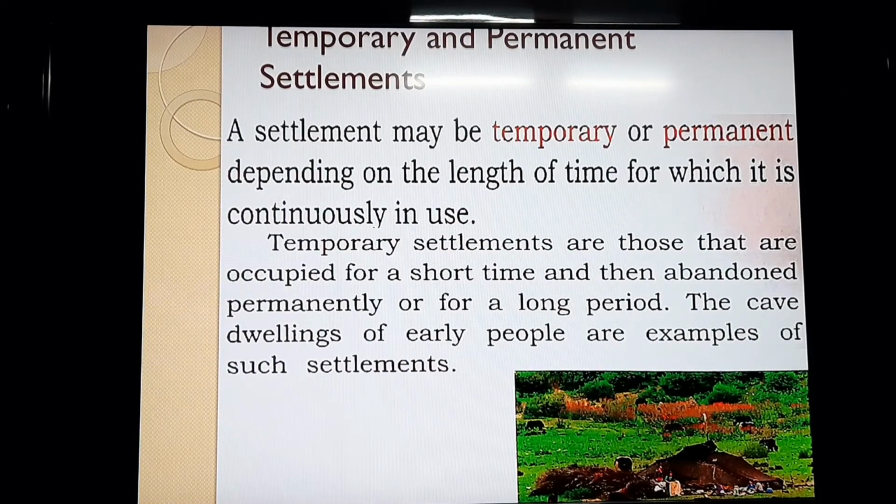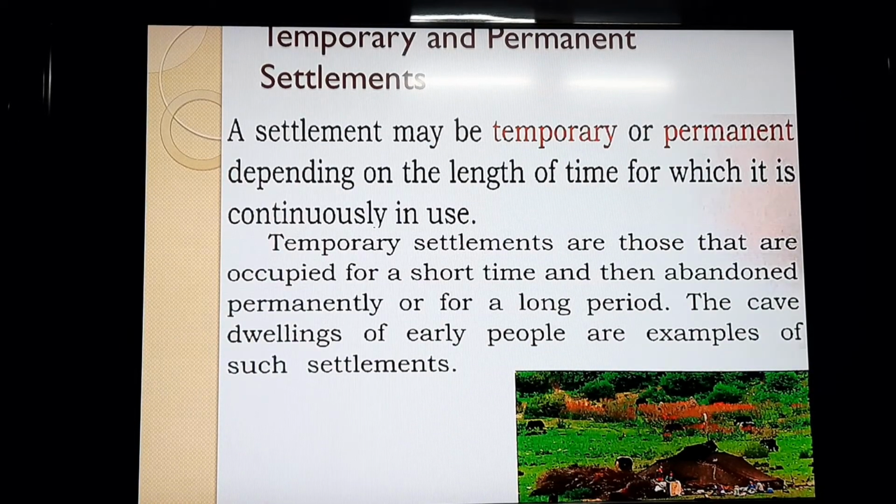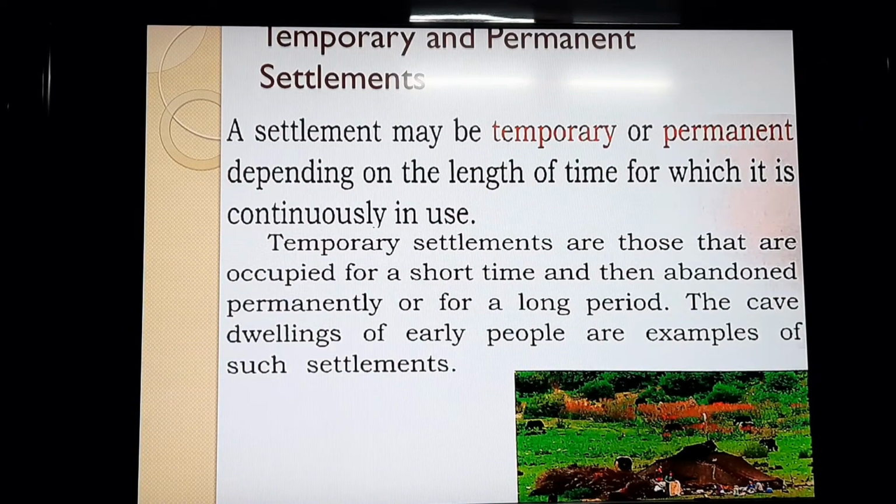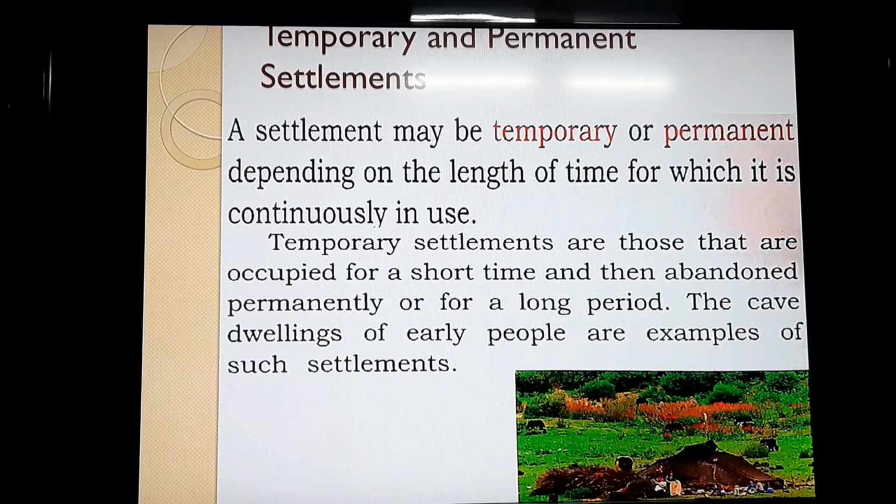Because they were hunter gatherers, they were not settled in one place; they roamed around. So they lived in a cave for a particular time, then abandoned that place and left for another place. Such a type of settlement is an example of a temporary settlement.